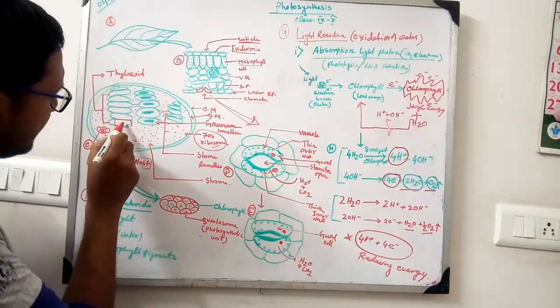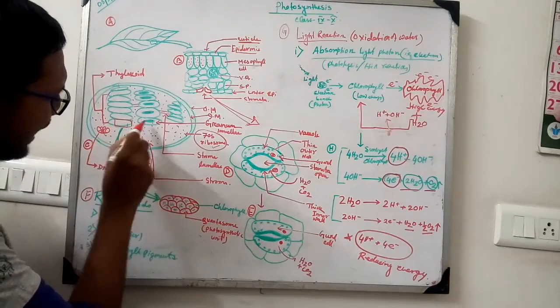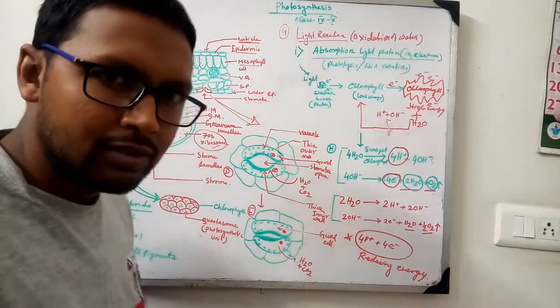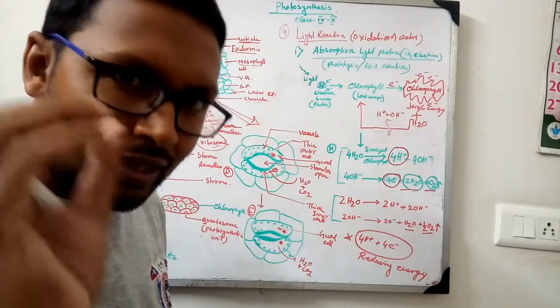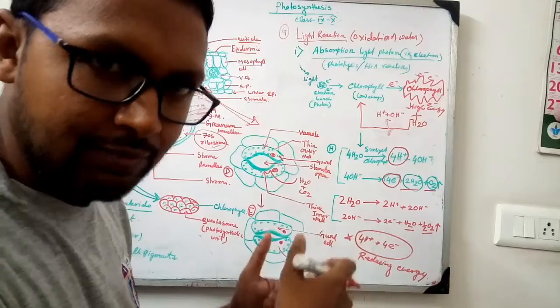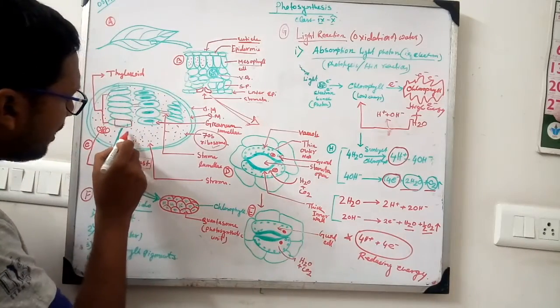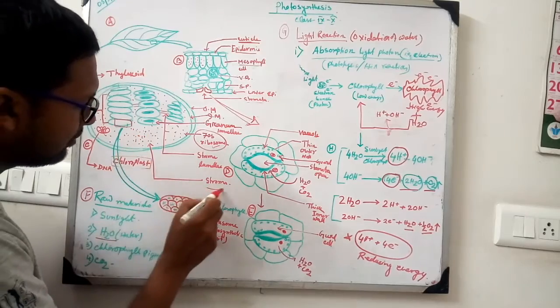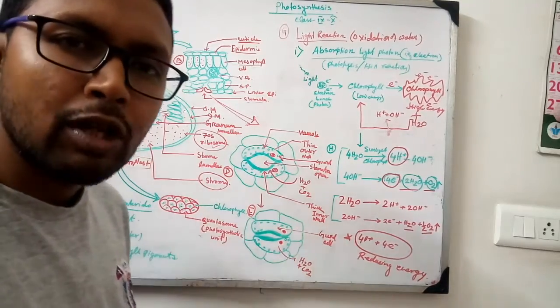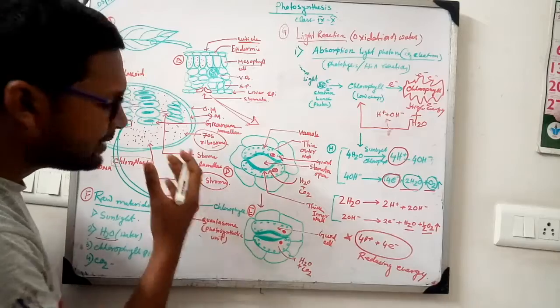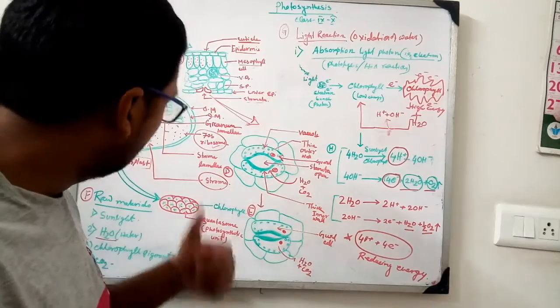However, what actually occurs in the grana lamellae is the light reaction, which we will discuss later in this chapter. Light reactions occur in the grana lamellae and the dark reaction occurs in the stroma, the liquid semi-solid substance. What is actually the dark reaction?